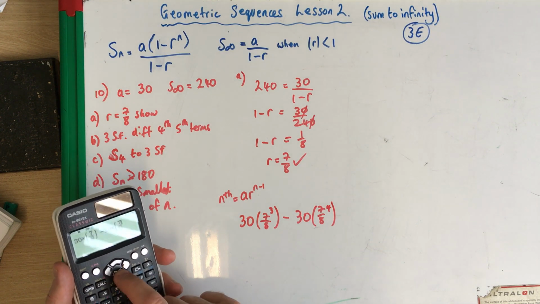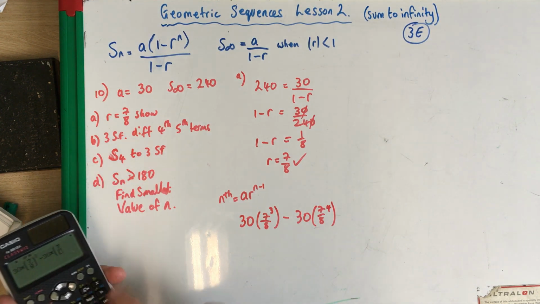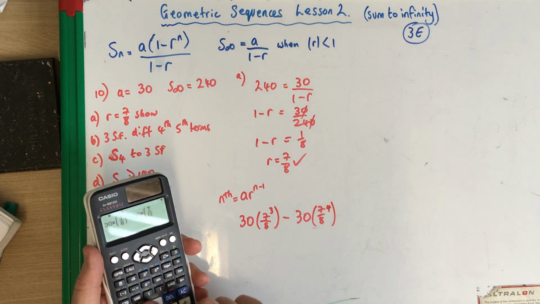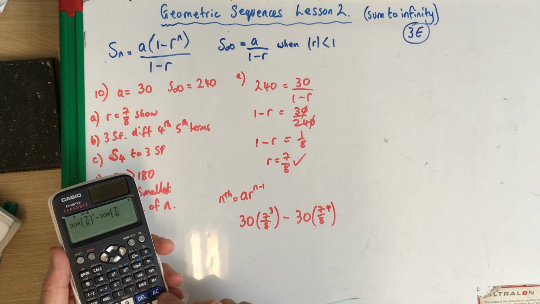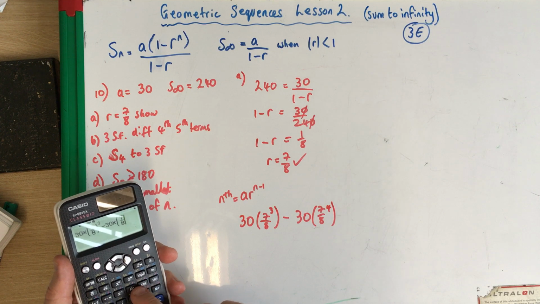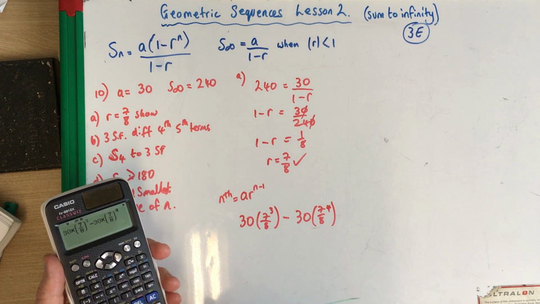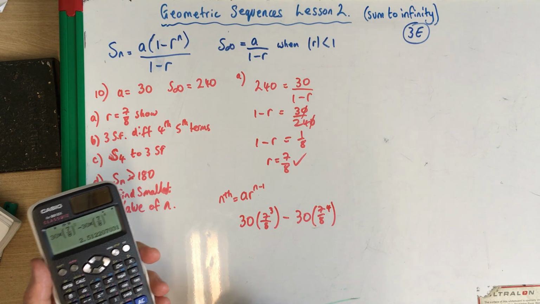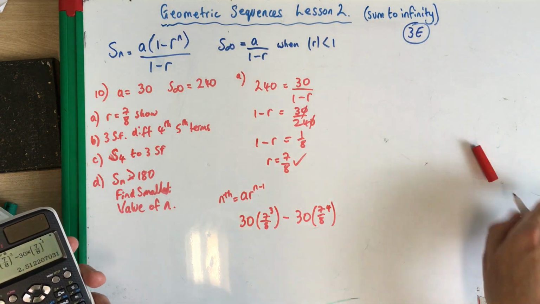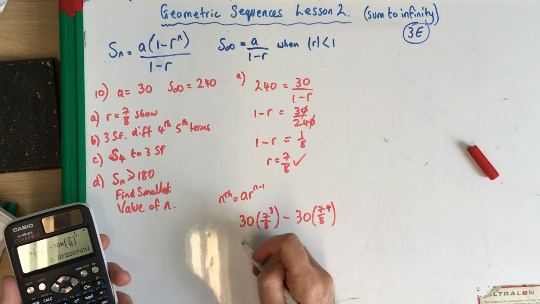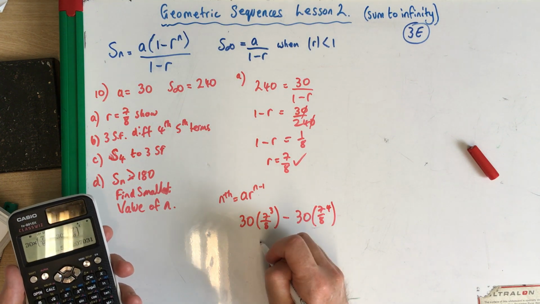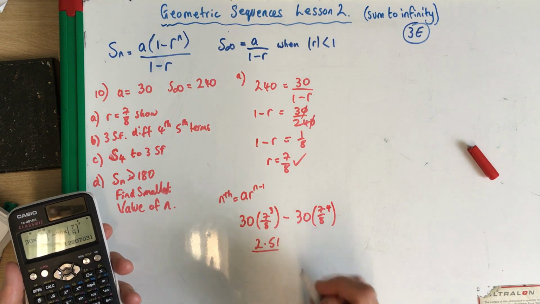I hope I'm doing this right, by the way, guys. I don't have to work these calculators, as you probably guess. Close my brackets. You're probably despairing watching this. It is equal to, and it does say 3 significant figures in the question, so if you don't do that on the exam, you will lose a mark, so it's 2.51.